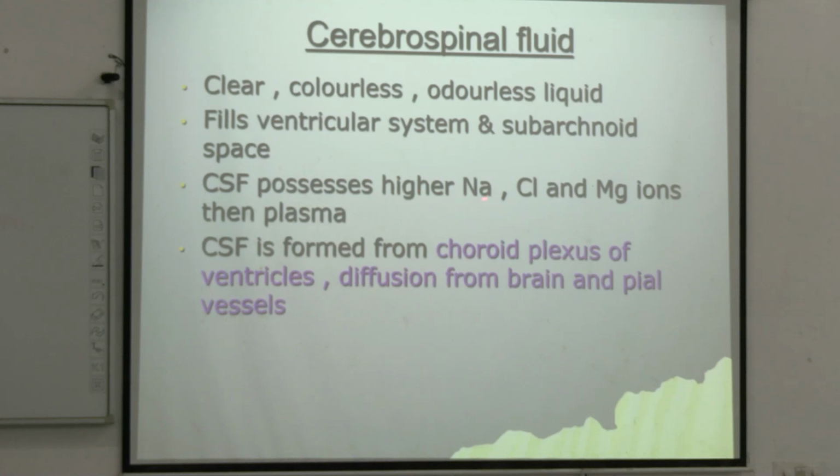CSF possesses higher sodium chloride and magnesium ions than plasma. So when you do a spinal tap, please give an order to test for sodium, biochemistry, chloride and magnesium ions, compared with plasma. CSF is formed from the choroid plexus of the ventricles, and by diffusion from the brain and pial vessels.